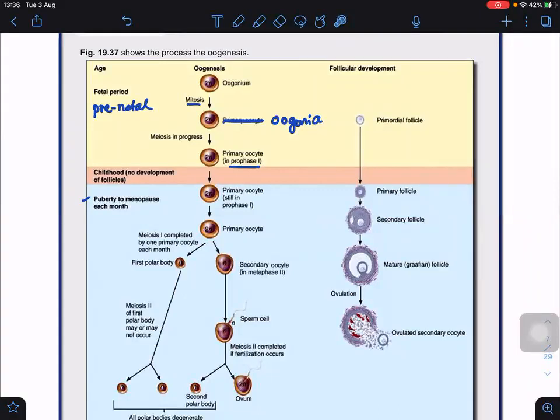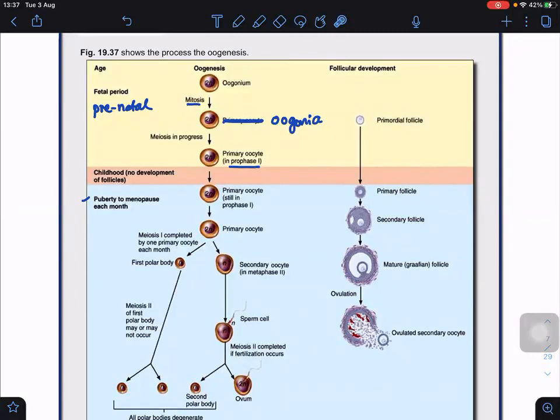One cell will be larger, containing a larger volume of cytoplasm. The larger cell is termed the secondary oocyte, but the other cell, which is smaller and is not a gamete, won't develop into a gamete, and is termed the first polar body, which will be degraded later.